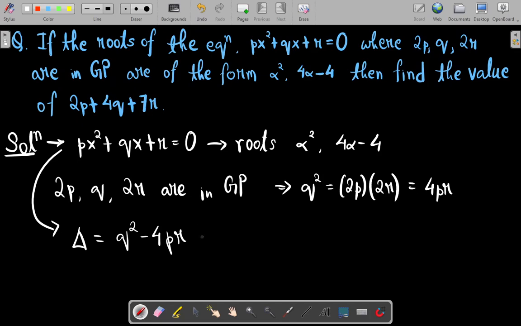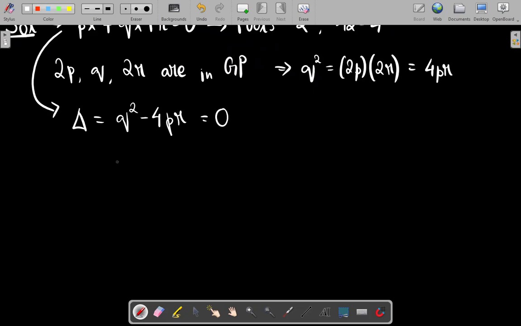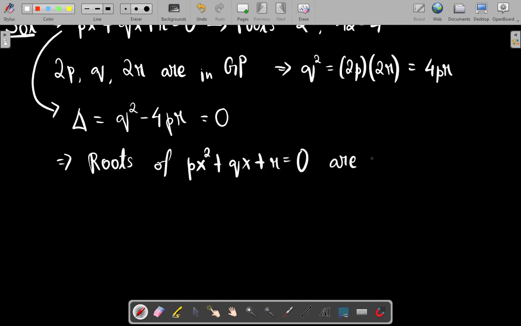So this implies that q square minus 4pr will be equal to 0. This now implies that the roots of the quadratic equation px square plus qx plus r equal to 0 are equal, since the discriminant is equal to 0.